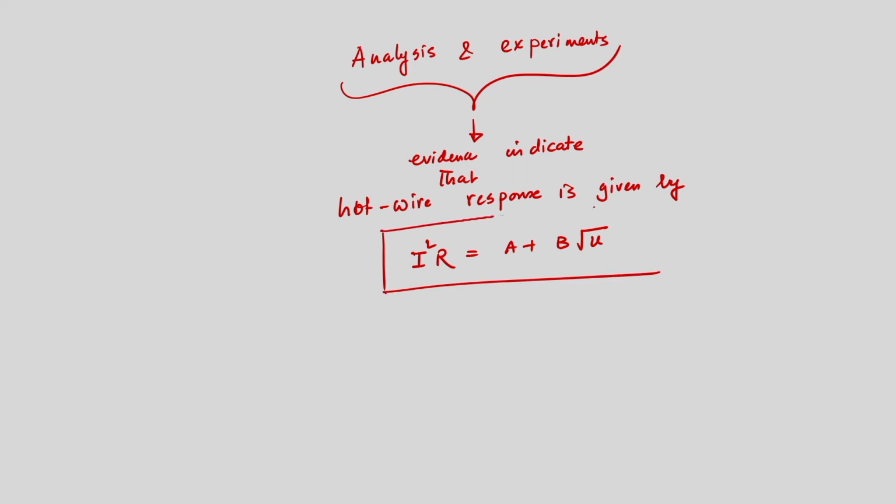As I said, these elements are electrically heated. So, that is I square into R, because if we pass current I through this element, and the resistance is R, then it will be I square R.